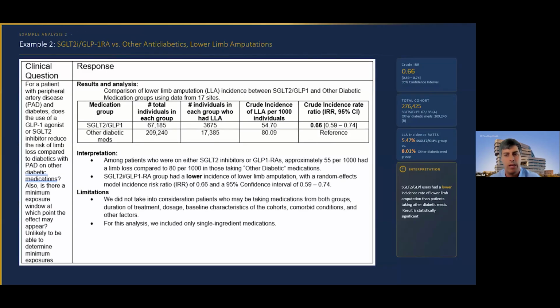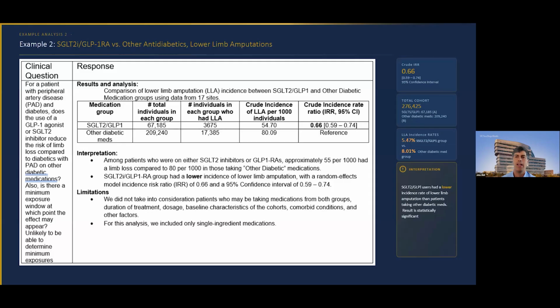Another one is we had a question looking at SGLT2 or GLP-1, two of the newer classes of diabetes medications. We compared them to other anti-diabetics on whether the SGLT2s or GLP-1s were able to reduce the risk of limb loss, compared to other patients on other diabetic medications with peripheral arterial disease.